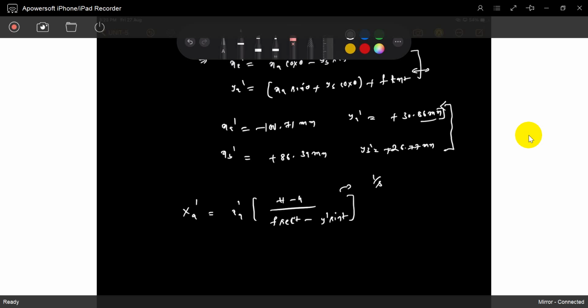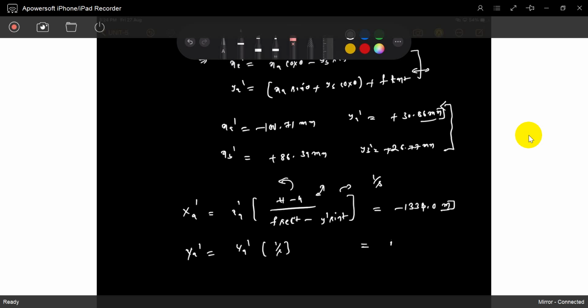So what are the coordinates? You will get minus 1334.0 meters. You can find the scale individually also. If you know the scale, you can just multiply with it. Otherwise, directly use the formula. So capital Ya is same ya dash times 1 by scale.